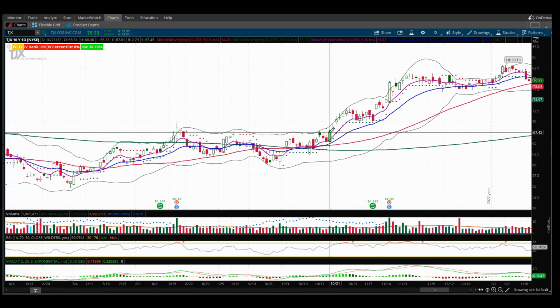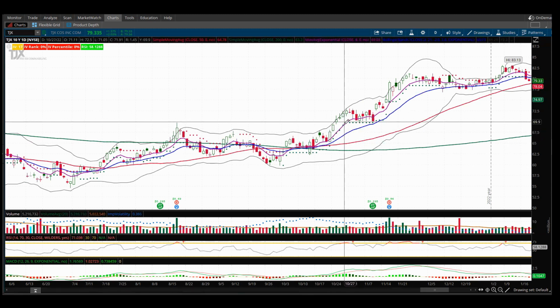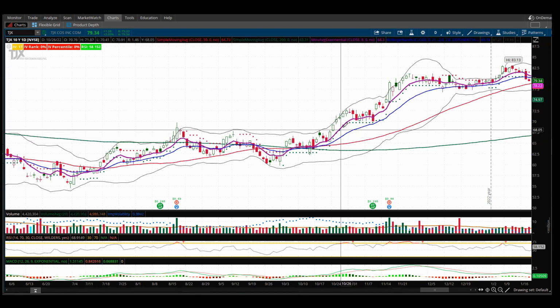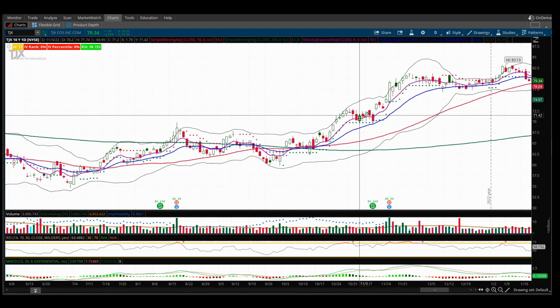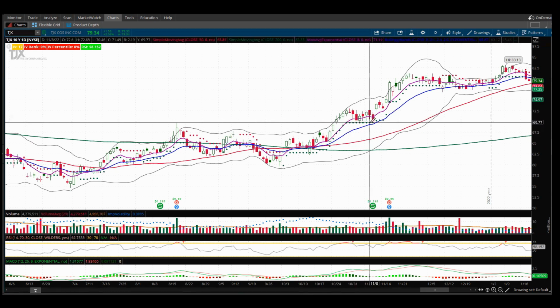Okay, so you buy the stock on the breakout, and then I use these dots as a location of where to put my stop. Once you get a breakout, you can see it's actually quite reliable. If you put your stop right where the 1.5 ATR is, you really don't get stopped out. Even on these pullbacks, you never would have got stopped out of the stock.